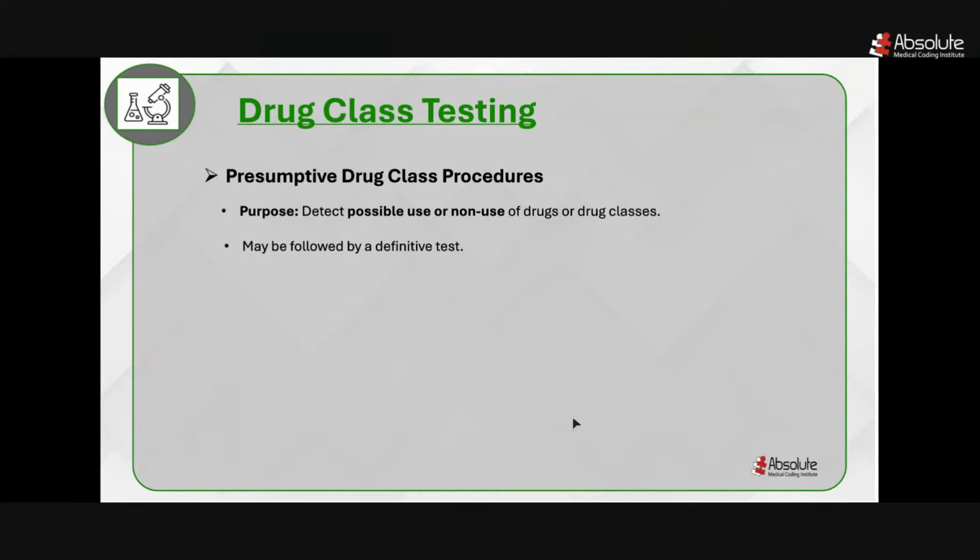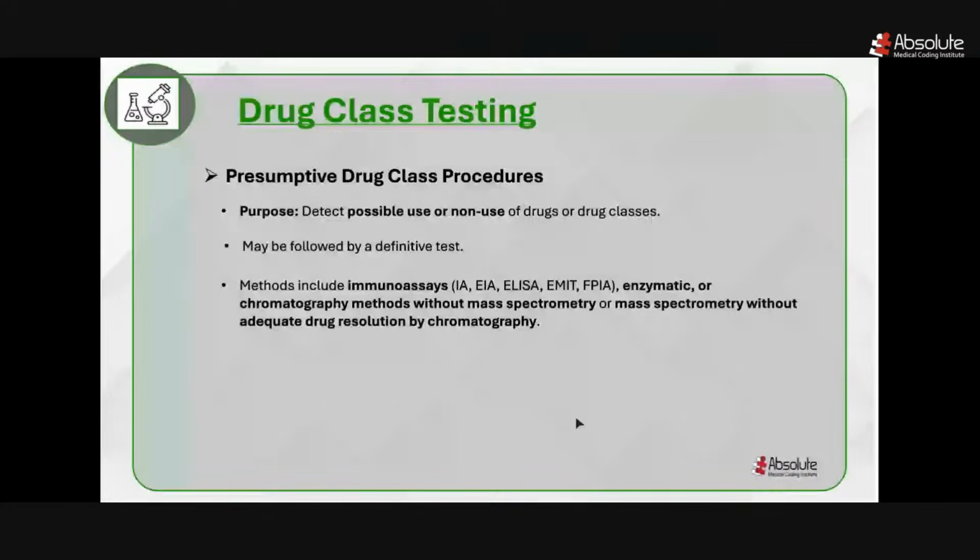Presumptive testing can be done using several methods such as immunoassay, enzymatic methods, chromatography method without mass spectrometry, or mass spectrometry without adequate drug resolution by chromatography. So these are several methods which are used for presumptive drug class testing.